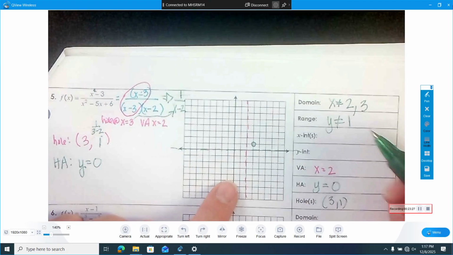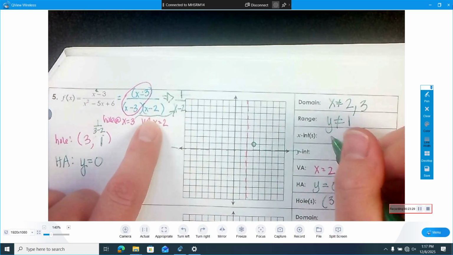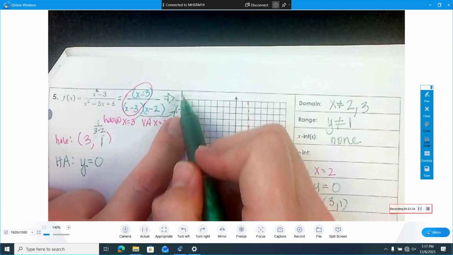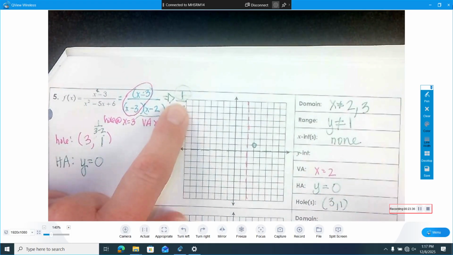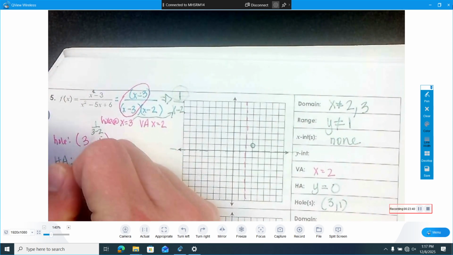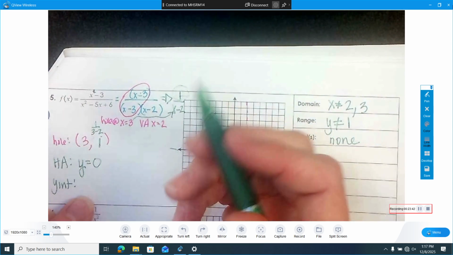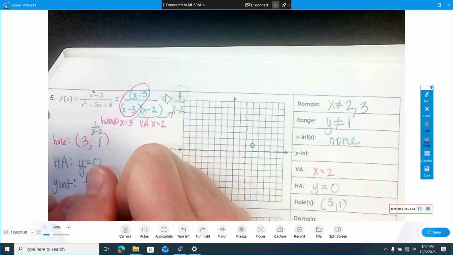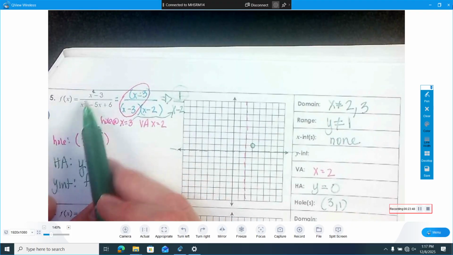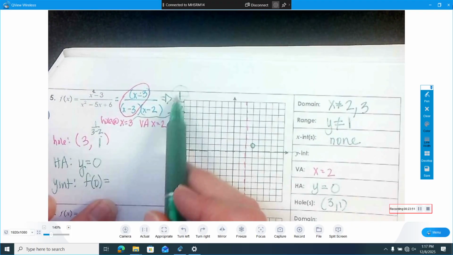All right, I don't get any x-intercepts here because there's nothing on top I can set equal to 0. What about a y-intercept? How do we find a y-intercept? Yeah, f of 0. I can plug it in at the beginning, or I can plug it in at the end.